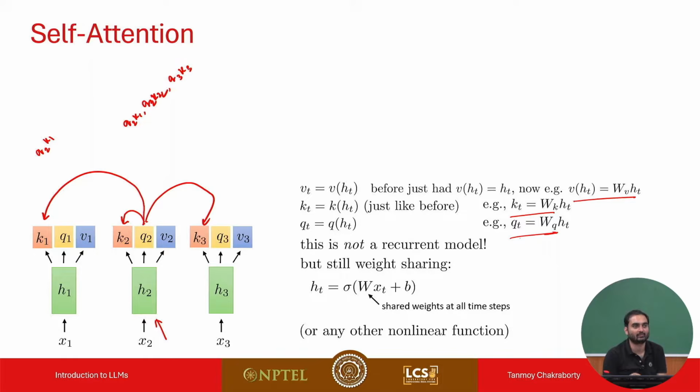So every query is multiplied with all the keys, right? So at this position you have Q2 K1, Q2 K2, Q2 K3. At this position you have Q1 K1, Q1 K2, Q1 K3, and at this position you have what?